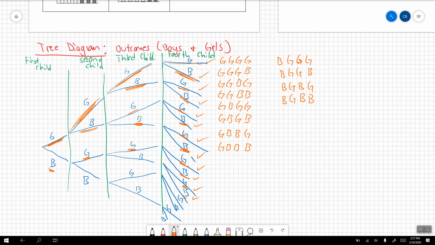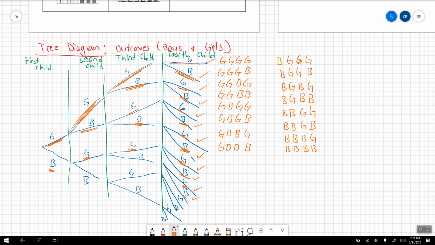So that's these two done. The next one's going to be boy, boy, girl, girl. Next one is boy, boy, girl, boy. The next one is boy, boy, boy, girl. And the last one is that all four kids are boys.